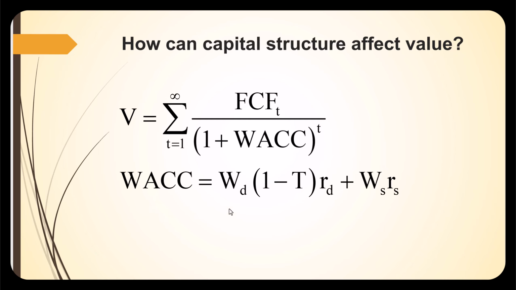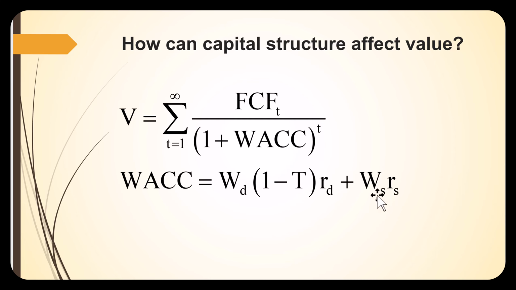Now, the weighted average cost of capital formula: this is the weighted cost of debt. We have the proportion of debt, how much debt the company has chosen to take. R sub D is the cost of debt, and 1 minus T is one minus the corporate tax rate. Thinking of previous videos, R sub D is the yield to maturity on debt, so we can find this fairly easily for a particular company by looking up information on the internet.